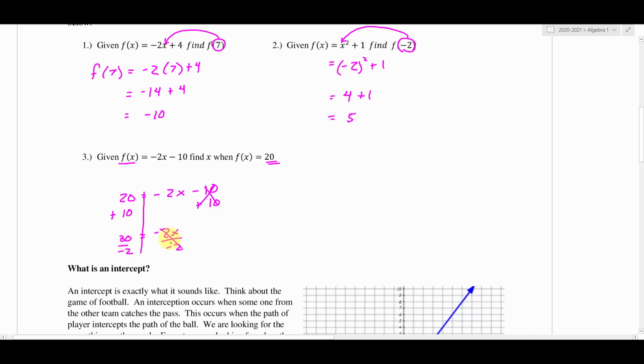The negative 2s will cancel, so x is the only thing left on the right-hand side of that equation. When I do 30 divided by negative 2, we get a negative 15. And that's what we're looking for. If I were to put a negative 15 in for x, I would get out the 20 that I was looking for. Feel free to test it out.